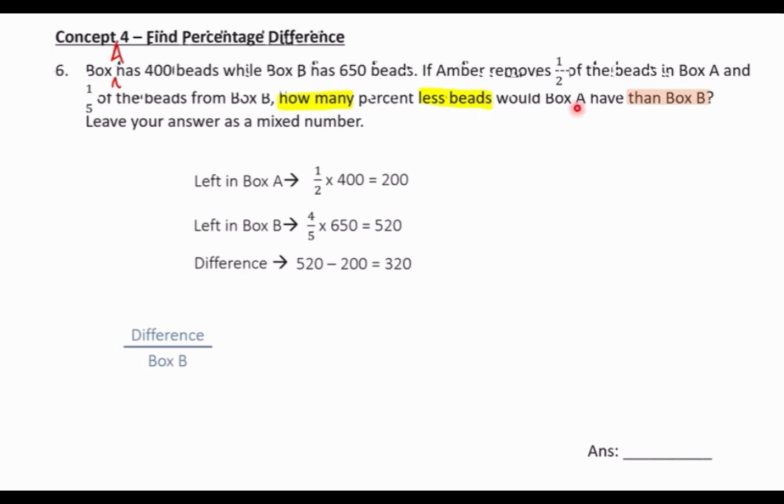We're comparing how many A is less than B, so B is below. You want to change to percentage, times 100%. So the difference is 320 over 520, then times 100%. Key into your calculator, not decimal, but mixed number. You'll get 61 and 7 over 13%.